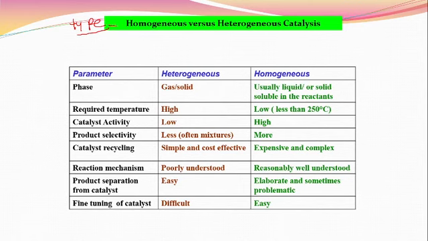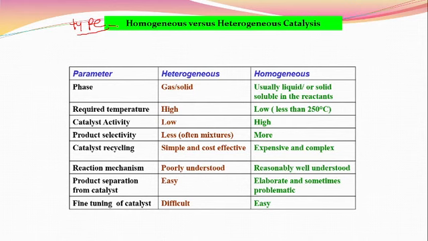You know very well, a catalyst is a substance which is used to increase the rate of reaction without participating. If it participates in the reaction, it is not recoverable. Here we will learn how the catalyst is used in different organic reactions and how it is recoverable.